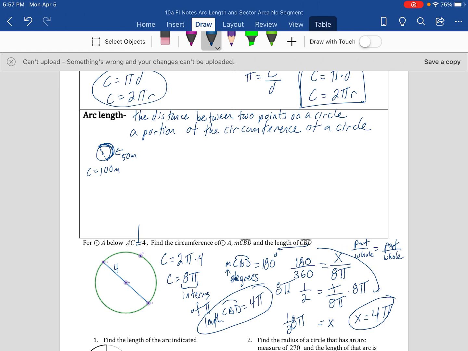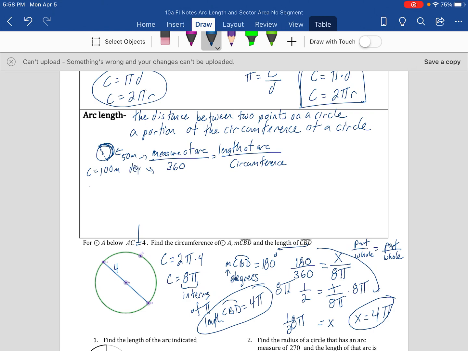So there are a few formulas to actually go through when we talk about arc length, okay? I like to think about it as a proportion, okay? I think, okay, part over whole equals part over whole. So the measure of the arc over 360 is equal to the length of the arc over the circumference.